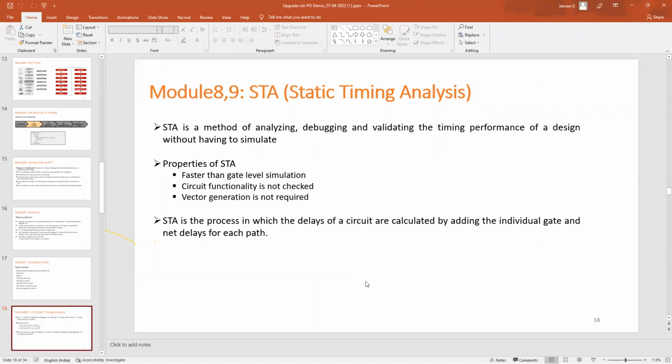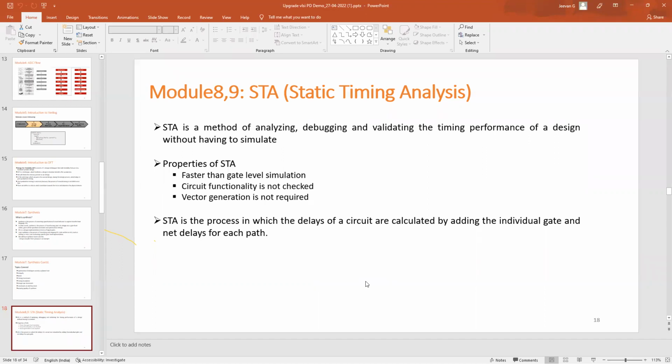Why? Because STA is a very important concept for a physical design engineer, and in the market you need a separate course for STA. But because of the motto we have, and the commitment we took to run this institute, we need to give every single thing which is useful for a physical design engineer.